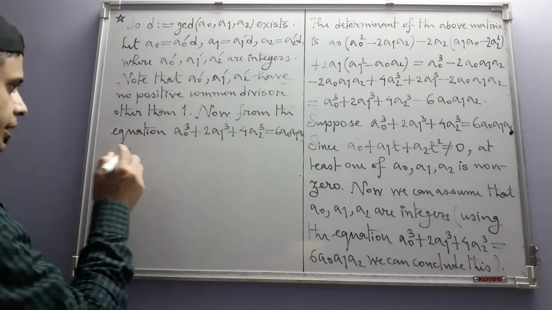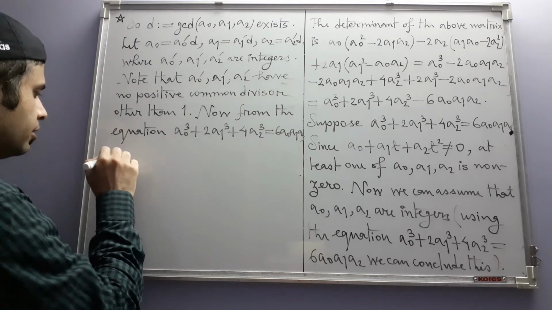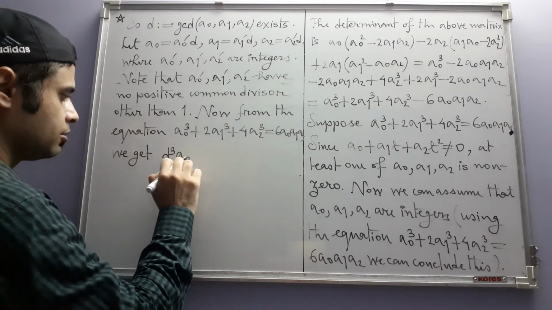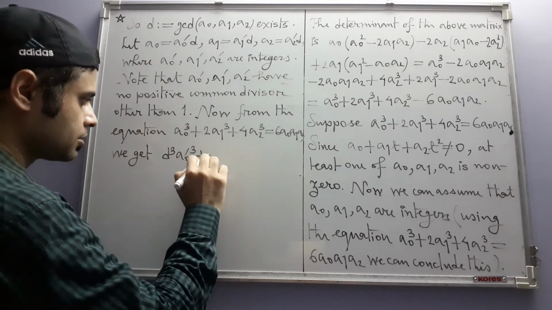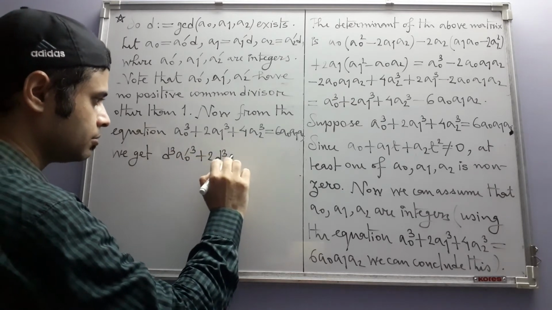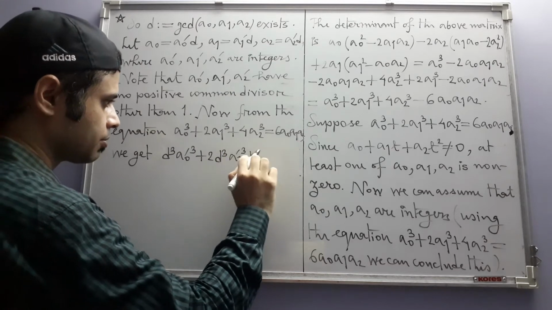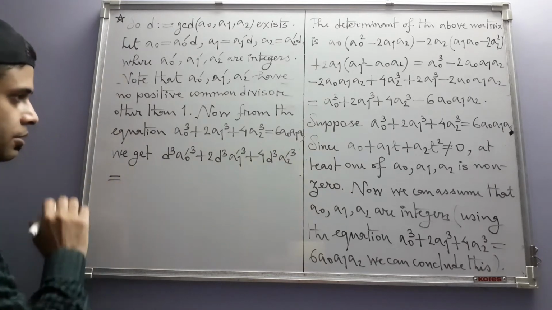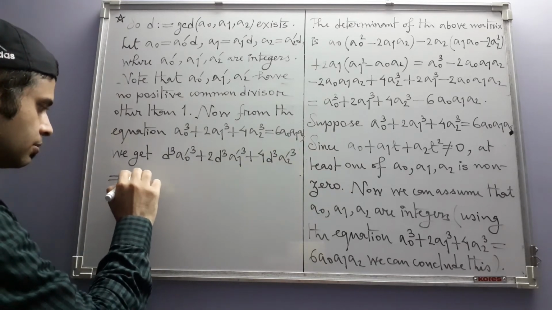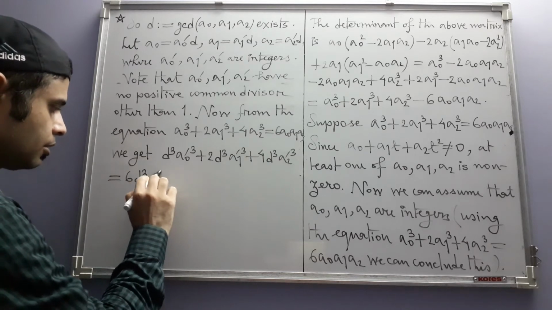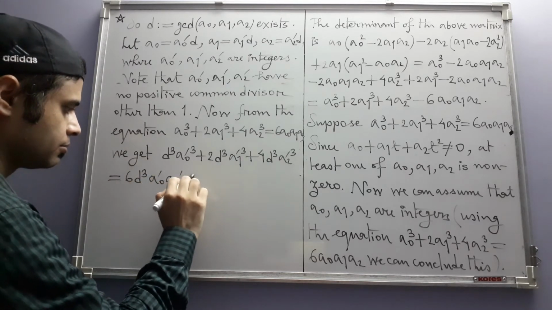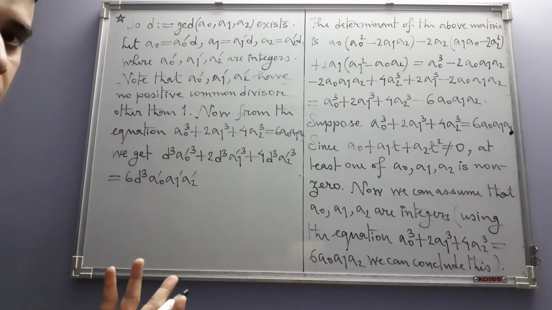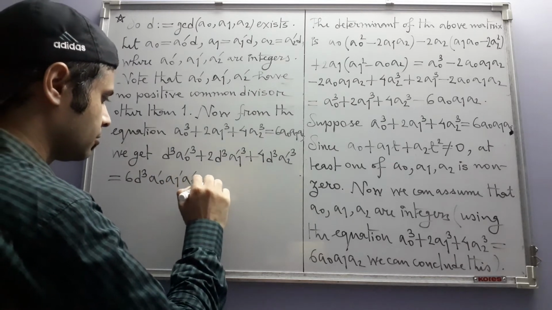Let me just write. We get d cube a0 prime cube plus 2 d cube a1 prime cube plus 4 d cube a2 prime cube, equal to 6 d cube a0 prime a1 prime a2 prime. So you can cancel d cube from both sides. It's anyway a positive integer.